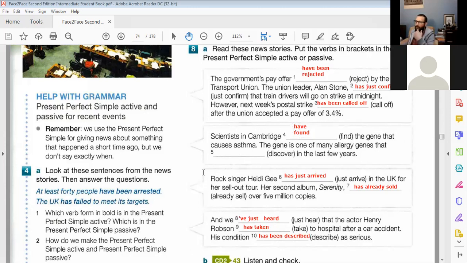The gene is one of many allergy genes that has been discovered.